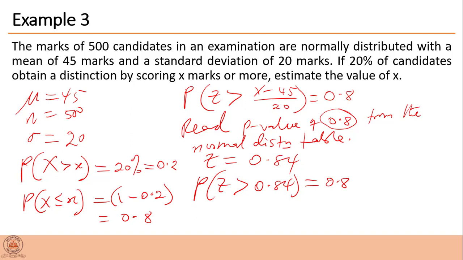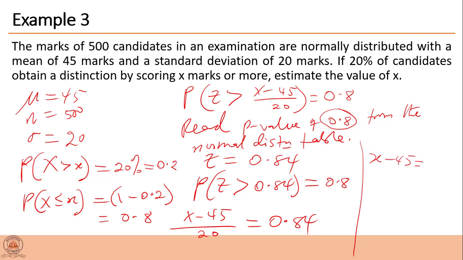But then x minus 45 over 20 is what is equivalent to the 0.84. So we want to make x the subject from here. Alright, so we have x minus 45 equals to 0.84.